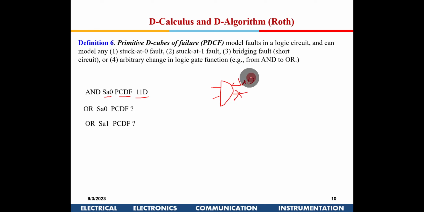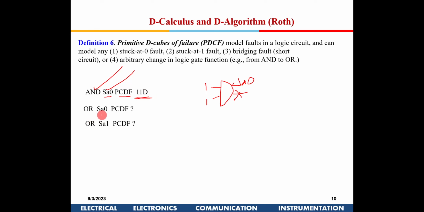For an AND gate stuck at 0 at the output, I have to give 1 1, so the PCDF is 1 1 and D is the output.